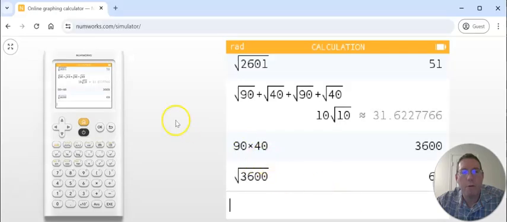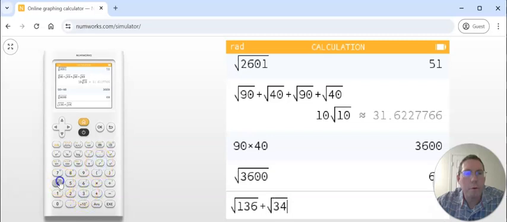Square root of 136, okay, plus square root of 34, plus the square root of 136, plus the square root of 34.